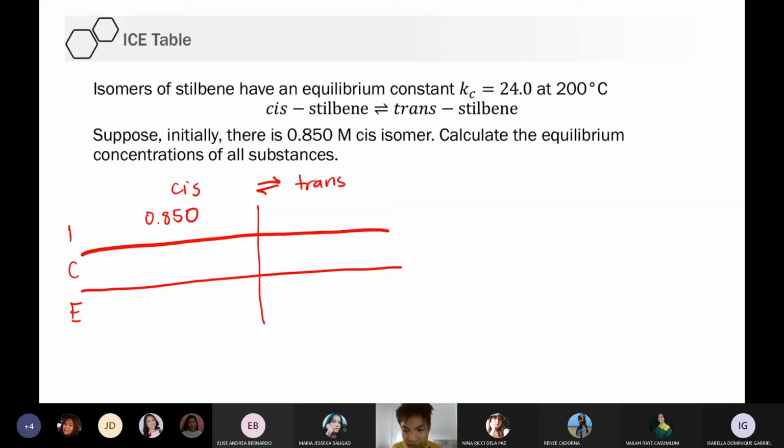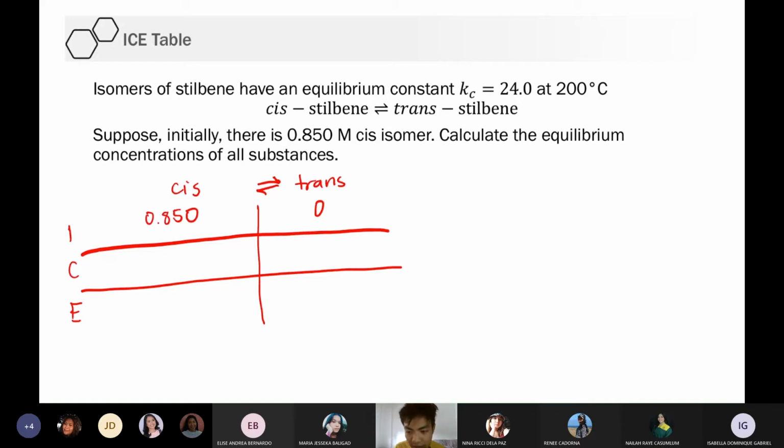How about the trans isomer? We do not have any, so the concentration of our trans is zero. For the trans, nothing was given, so it is zero. So we solve for the equilibrium concentration next.